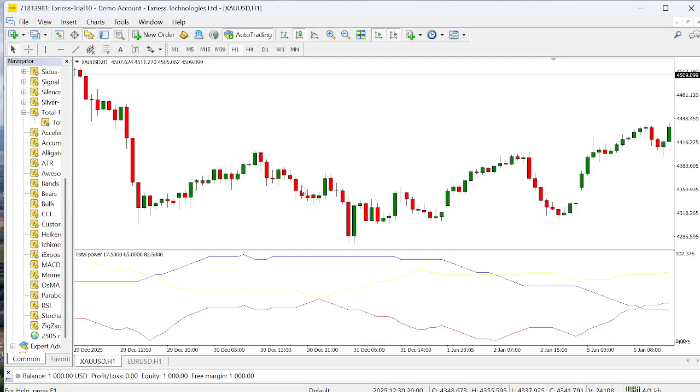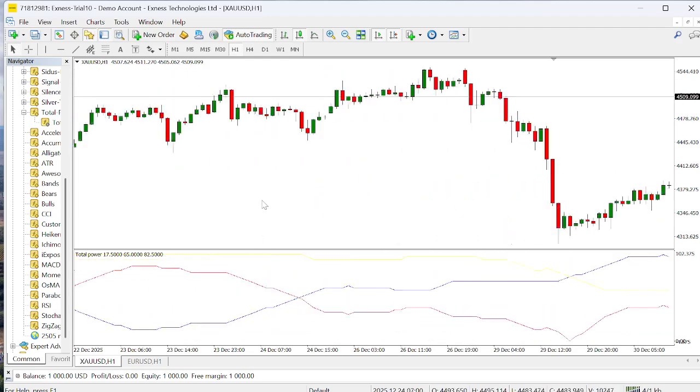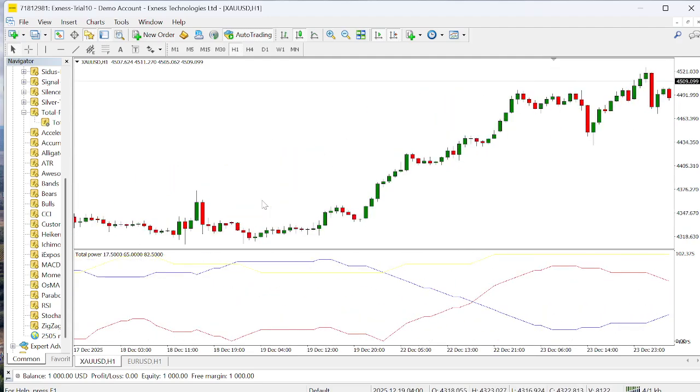The total power indicator is a versatile and dynamic technical analysis tool based on two standard indicators, bear power and bull power, that assesses market trends, momentum, and the balance between buying and selling pressure.